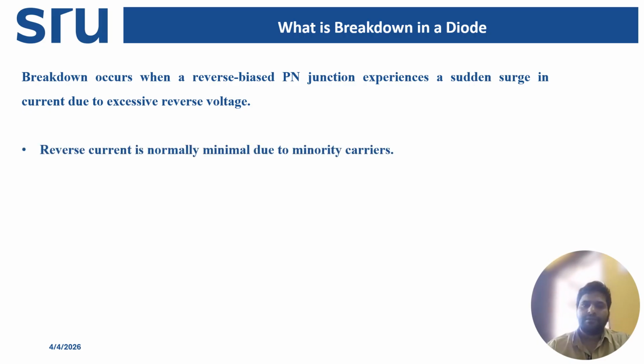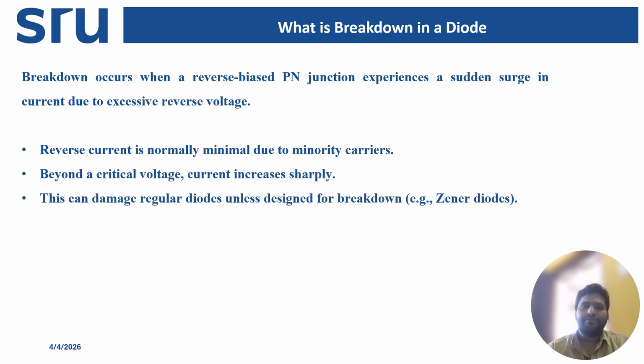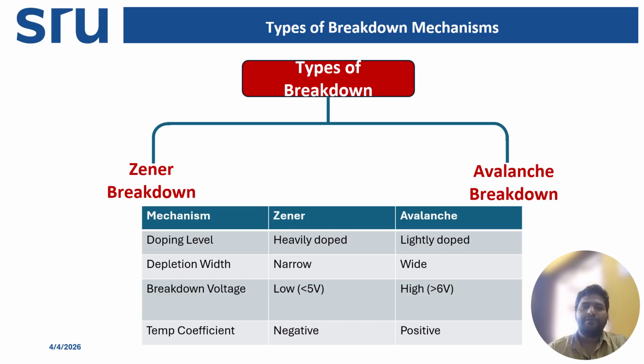Let me explain Zener breakdown and avalanche breakdown one by one. Doping level: Zener breakdown is heavily doped, but avalanche breakdown is lightly doped.